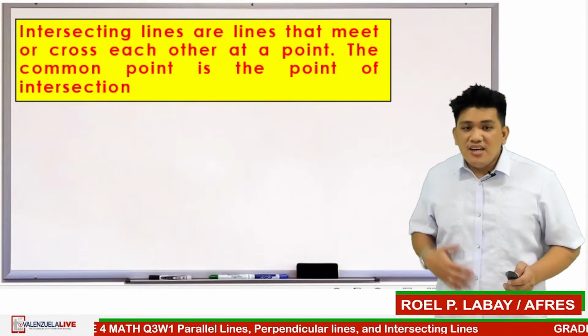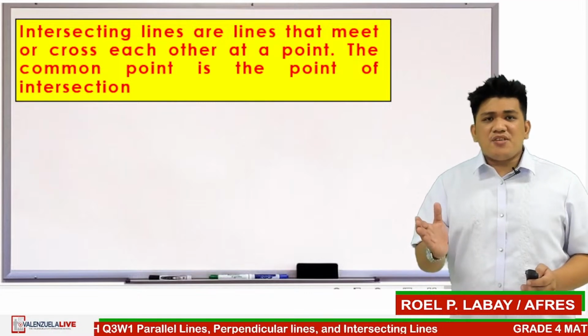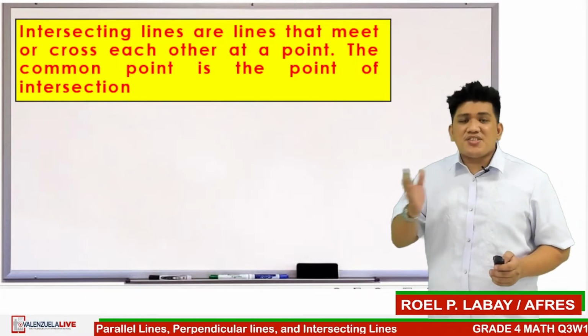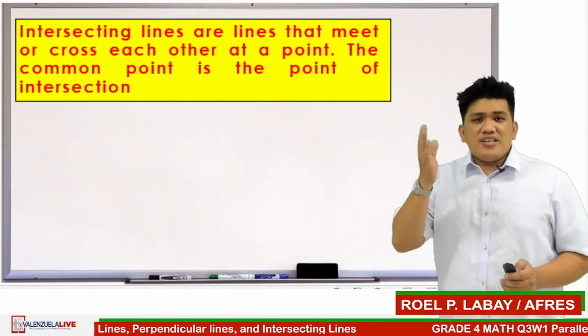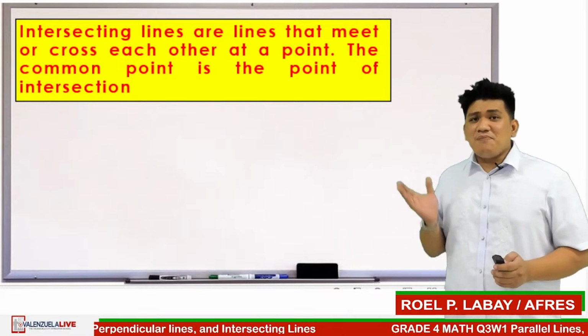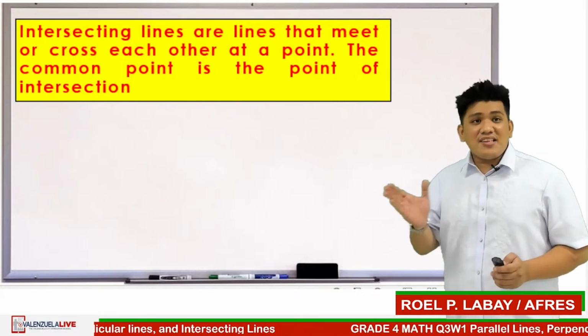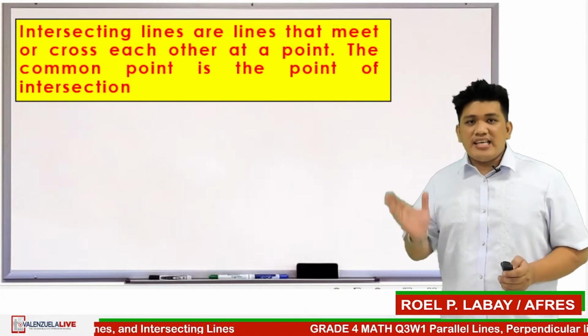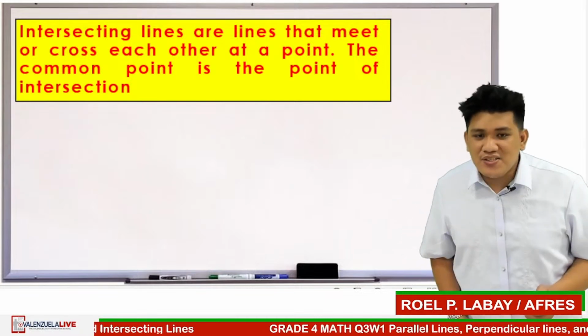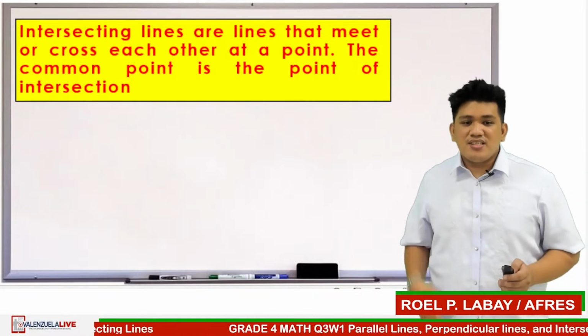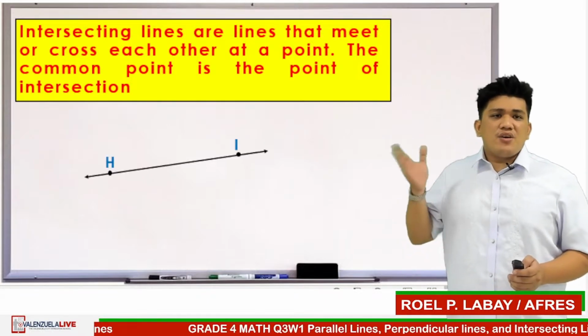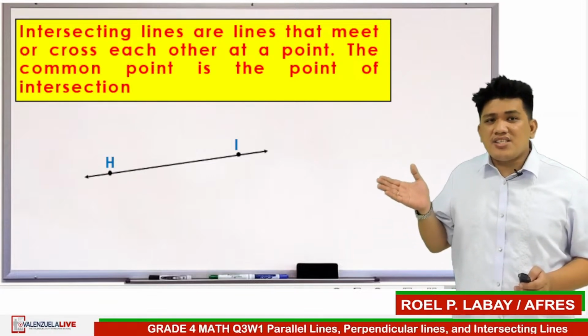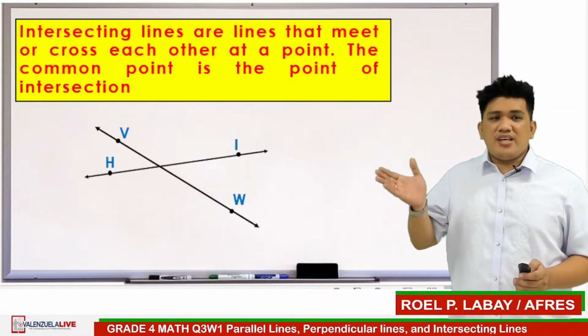Now, a pair of lines may either be parallel or intersecting lines. Intersecting lines are lines that meet or cross each other at a point. The common point is the point of intersection. For example, we have here line HI and line VW.